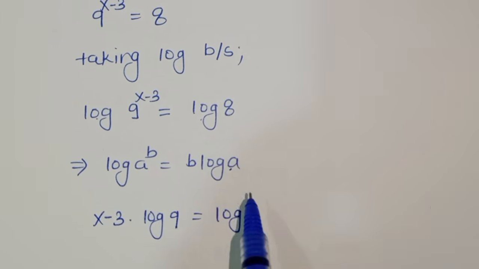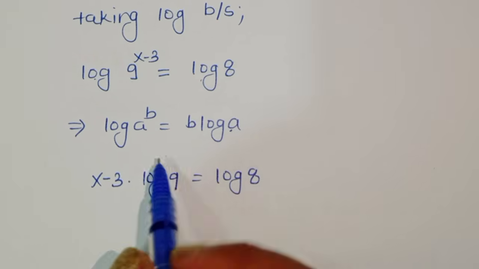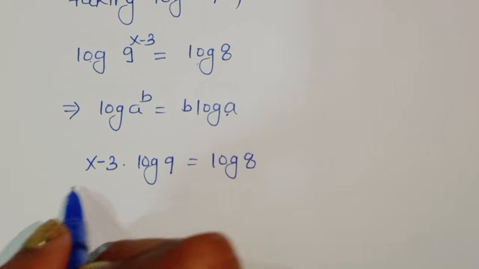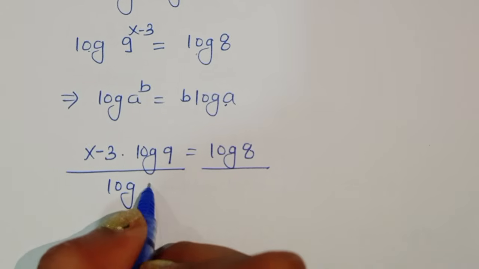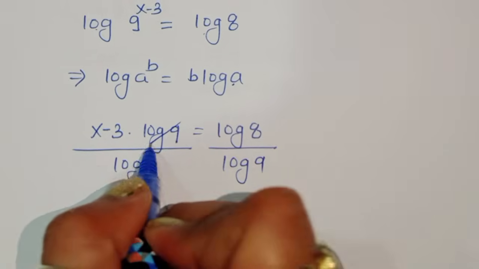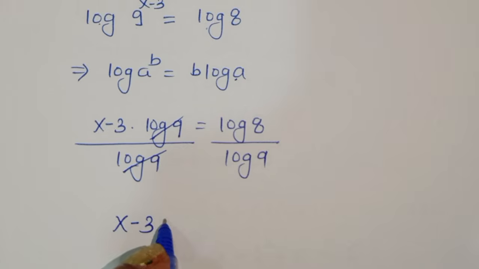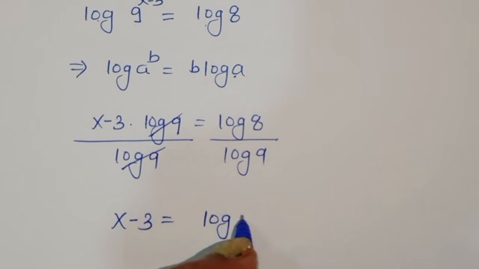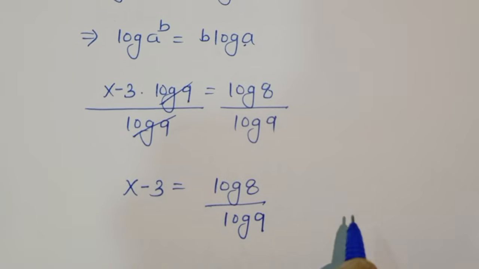Now we can divide both sides by log of 9, because we have to cancel this log 9. Log of 9 cancels, so it will become x minus 3 is equal to log of 8 divided by log of 9, right?